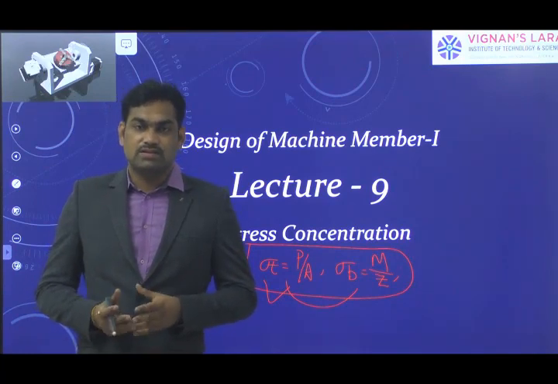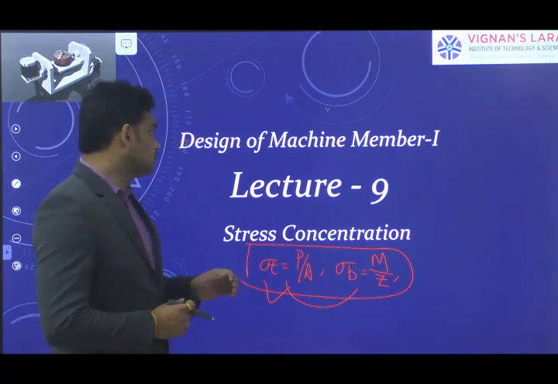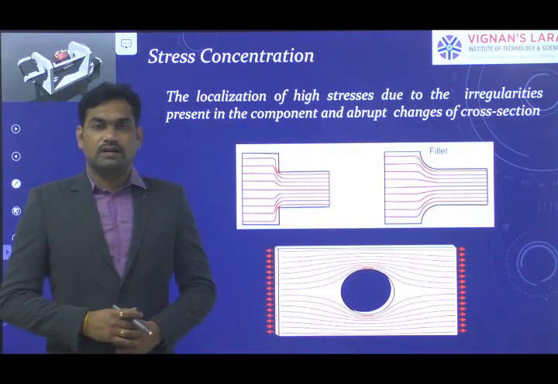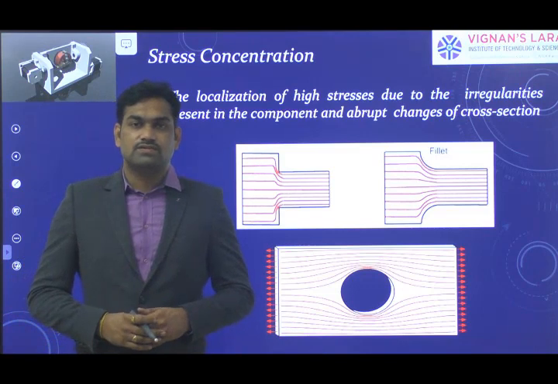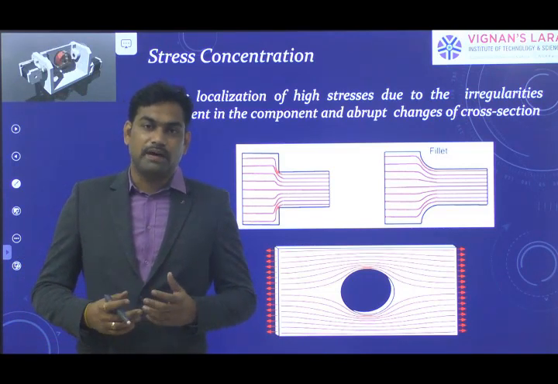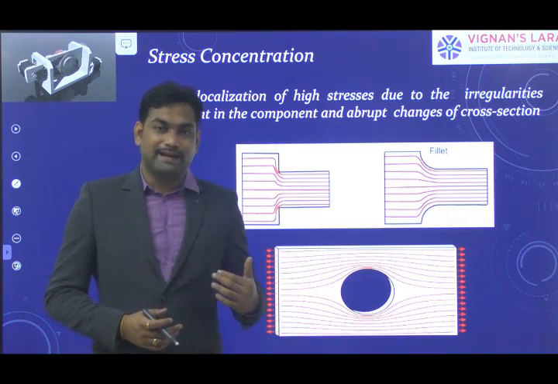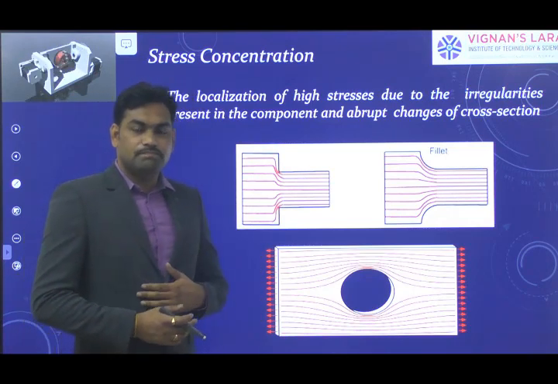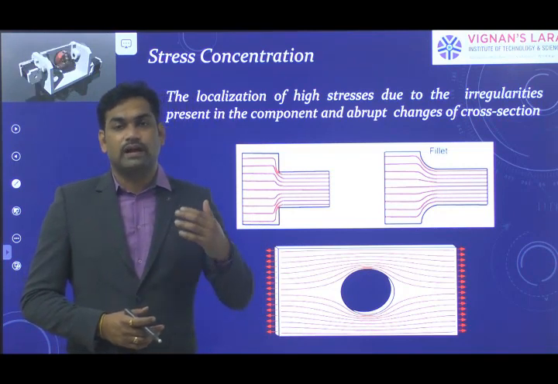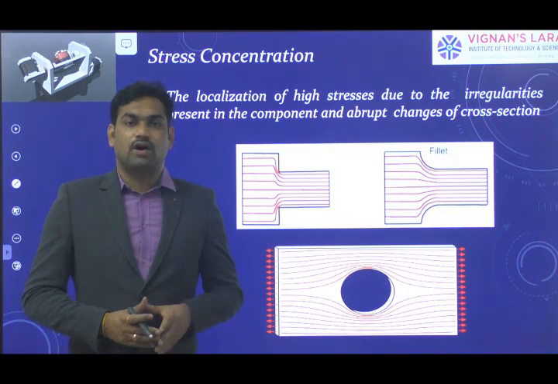That is stress concentration. Clear? As you studied in your previous course, fluid mechanics, fluid lines pass through a pipe in lines. In a similar fashion, in machine components the stress lines can also flow like lines within the object.